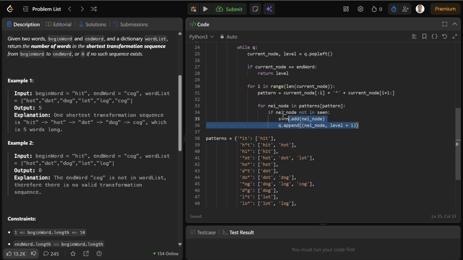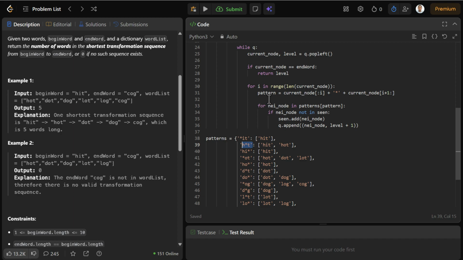Nothing is going to happen here for the first iteration. And then for the second, because we have i in this first current word, which is still HIT, it moves to the second iteration, which is H star T.